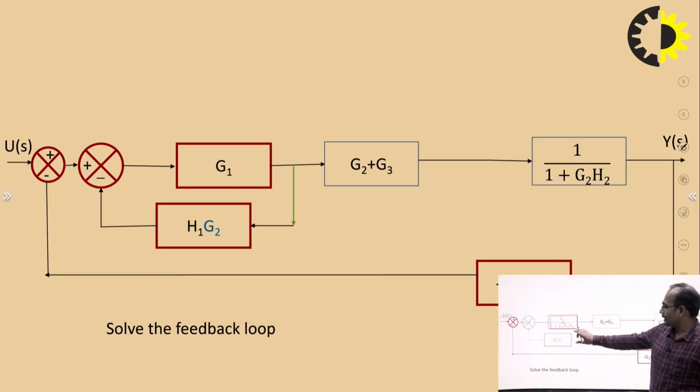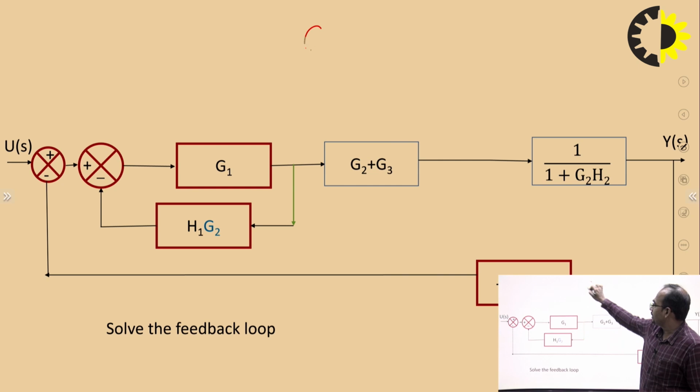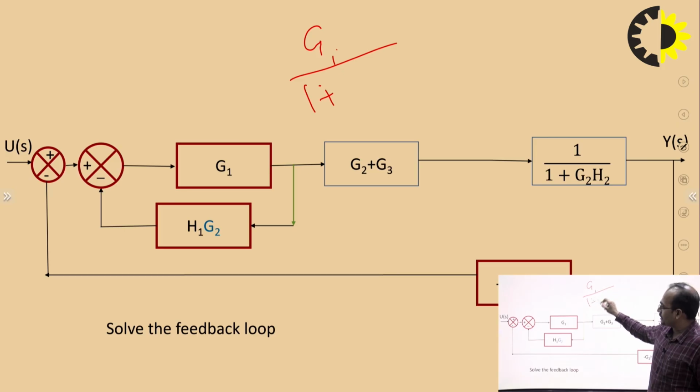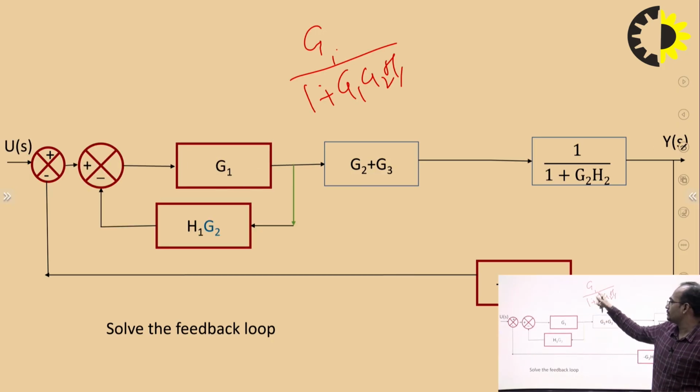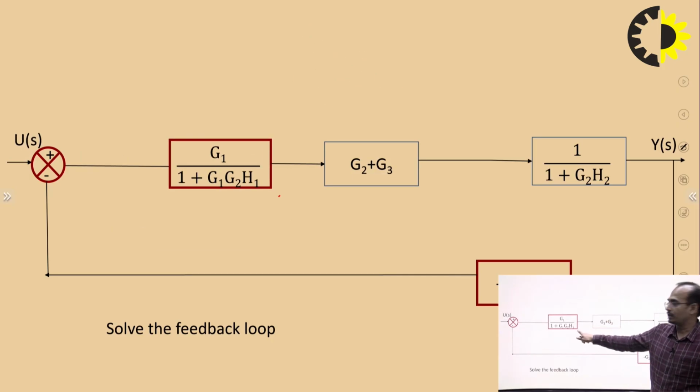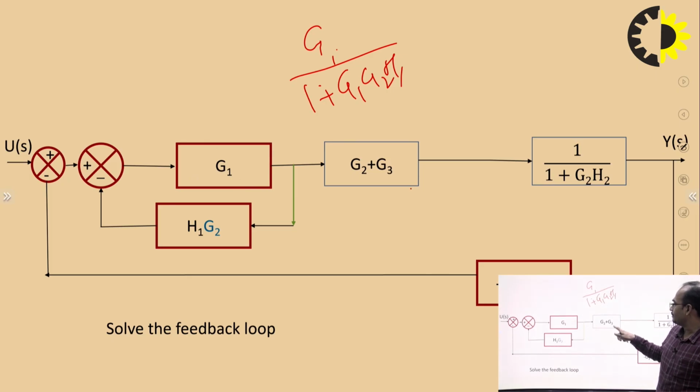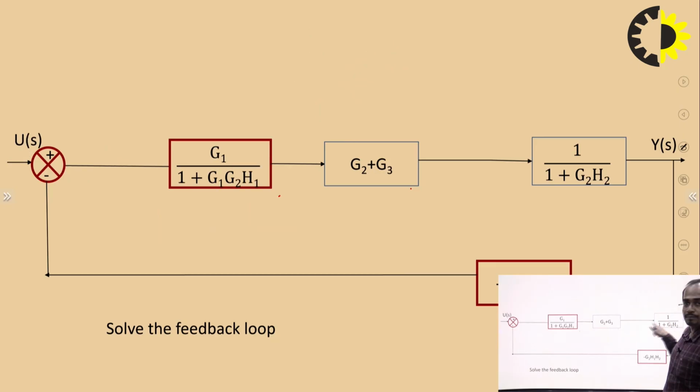Now after reducing this you will get here G1 upon 1 plus G1 G2 H1, in series with G2 plus G3, in series with 1 upon 1 plus G2 H2 in feedback of this.